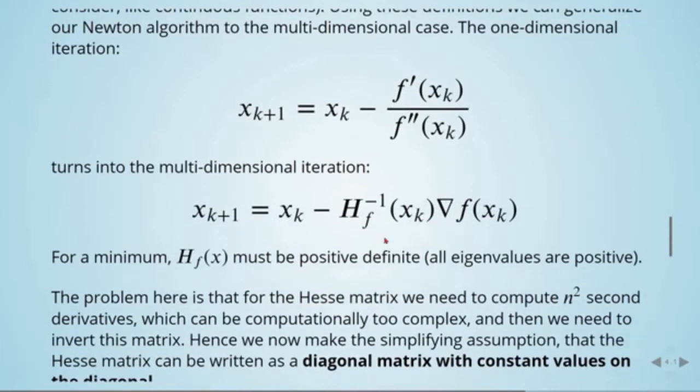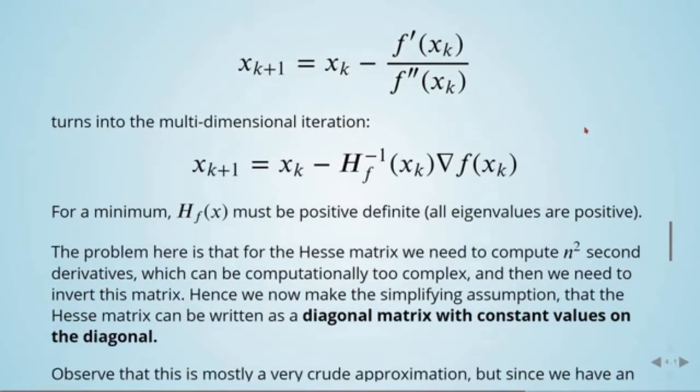For a minimum, this Hesse matrix must be positive definite, so all eigenvalues are positive. The problem here is that for the Hesse matrix we need to compute n squared second derivatives, which can be computationally too complex, and then we need to invert this matrix.